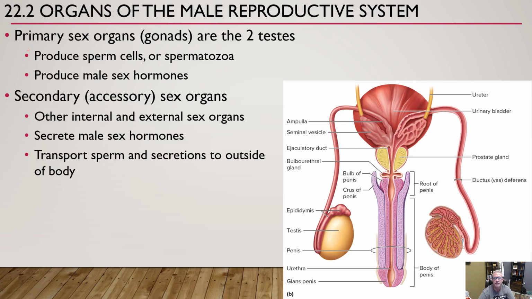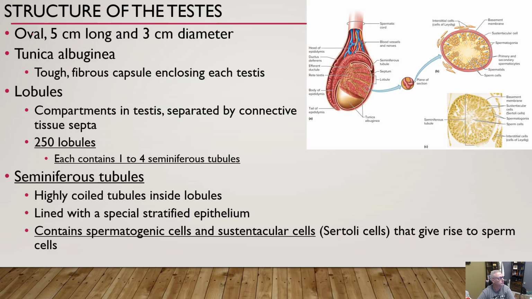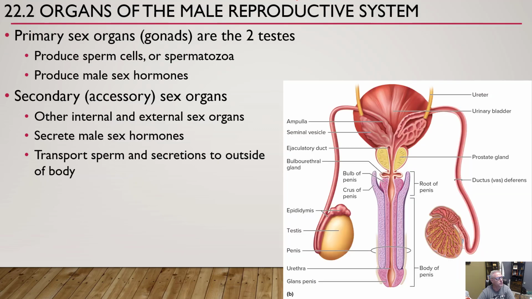We also have secondary sex organs, or accessory sex organs, and they can be internal or external. They can secrete hormones and they transport sperm and secretions to the outside of the body. Here you can see just some of the major ones.